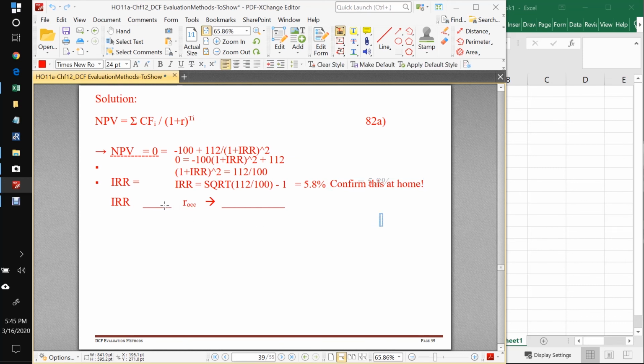So the IRR in this case is 5.8%, and that is greater than our opportunity cost of capital, which is still 5%. So that means our cash would be growing faster in this investment than in shares of the Mint, than in our opportunity cost investment. So we want to go for it. Okay.